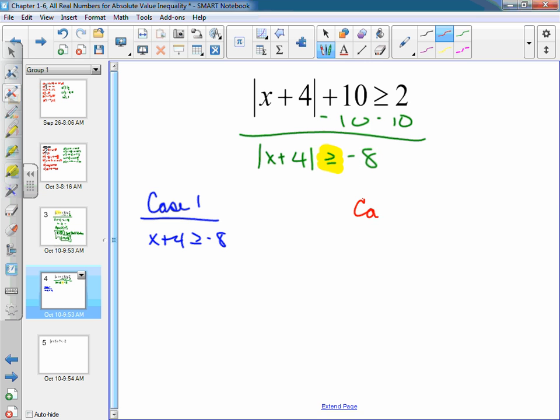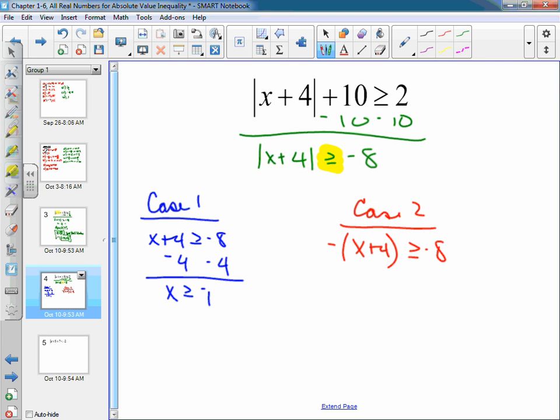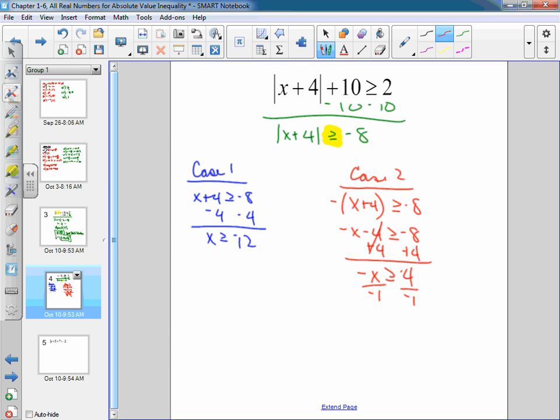I have case 2, x plus 4 in parentheses with a negative is greater than or equal to negative 8. So if I solve this, subtract 4, x is greater than or equal to negative 12. Distribute, negative x minus 4 is greater than or equal to negative 8. Add the 4. Negative x is greater than or equal to negative 4. Divide by negative 1 and flip the inequality. That gives me x is less than or equal to 4.